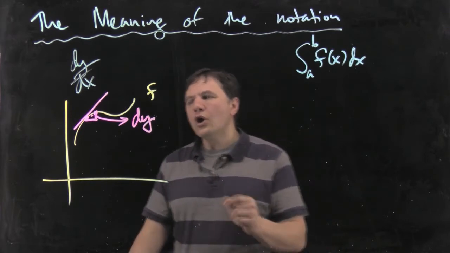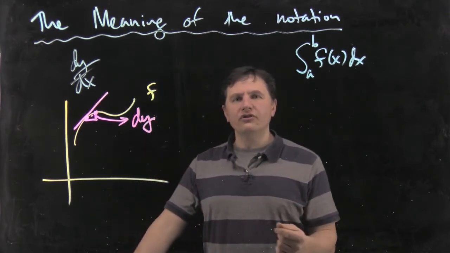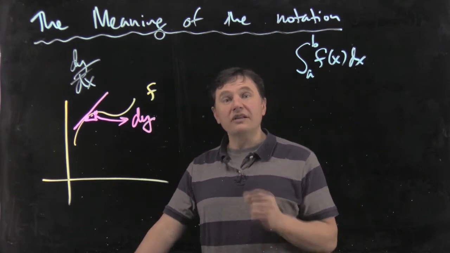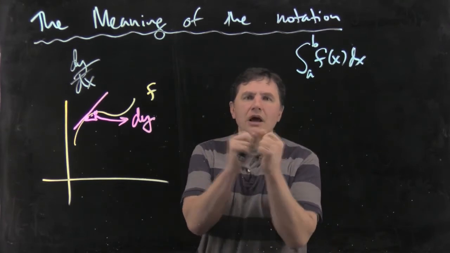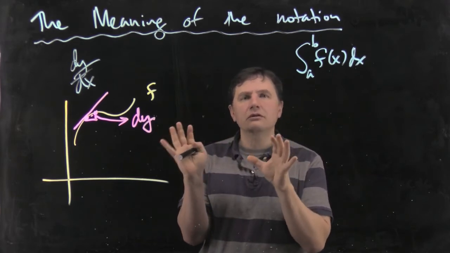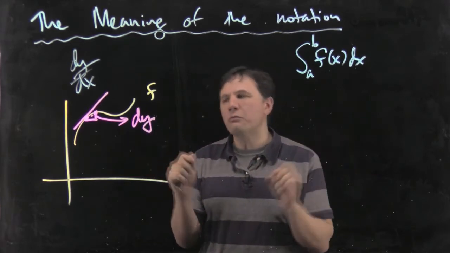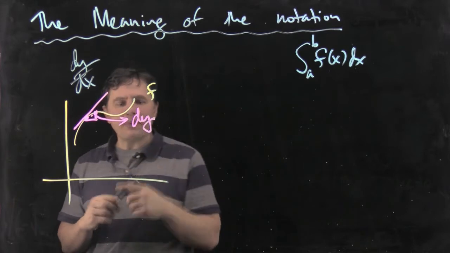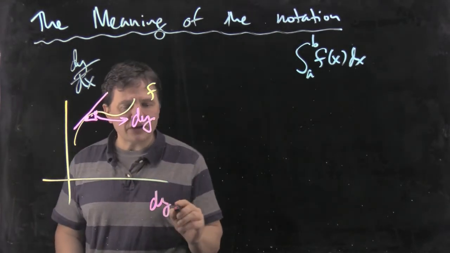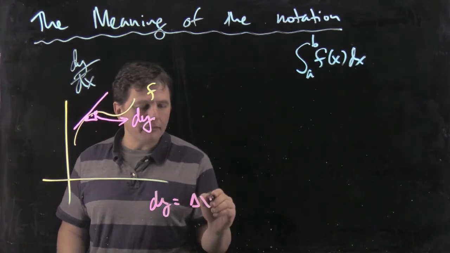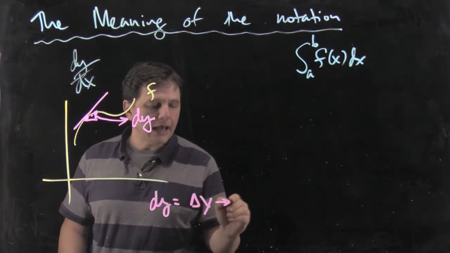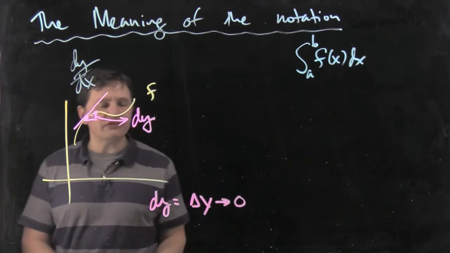There's no number that's closest to 0, but if there was such a thing, that's how we would think of dy. We get as close as we can. This is the limit process. So the limit is the engine that makes both of these things work. Basically, dy is essentially taking delta y and limiting it to 0.